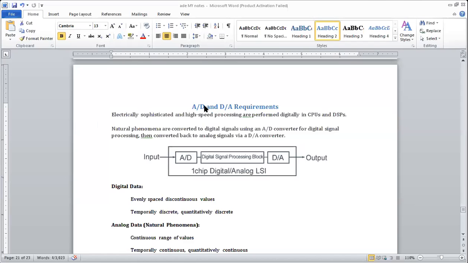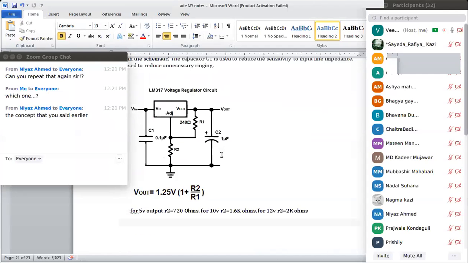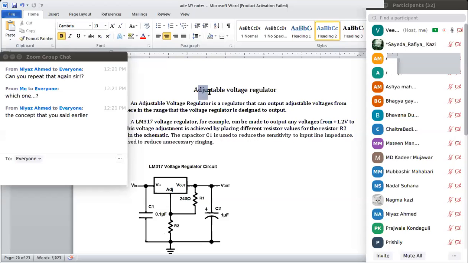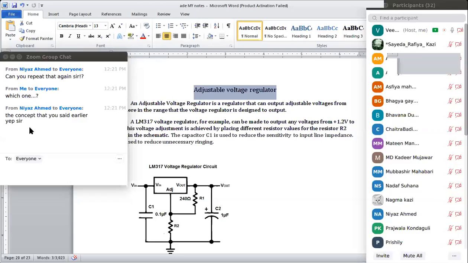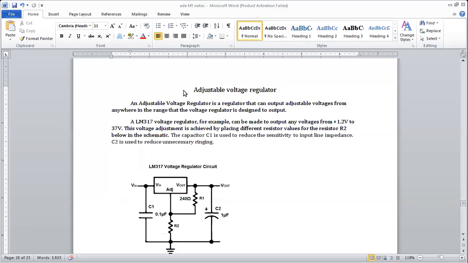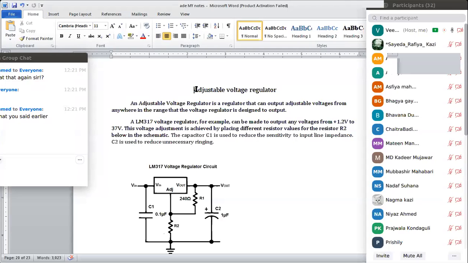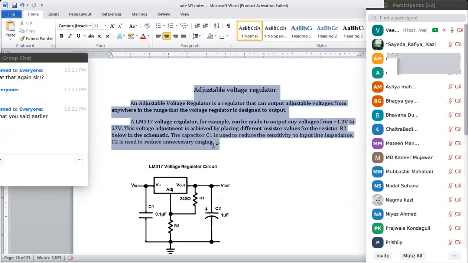Earlier is what? Say it. No. Adjustable voltage regulator. Yes. Adjustable voltage regulator. Yes. Okay. Fine. However, these recordings are going to be uploaded to the YouTube channel. You can watch it from there. But right now I'll clear it once again.